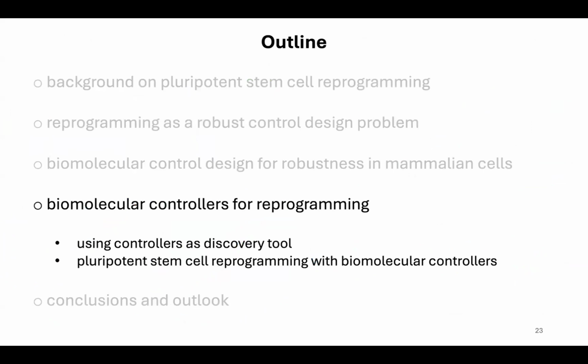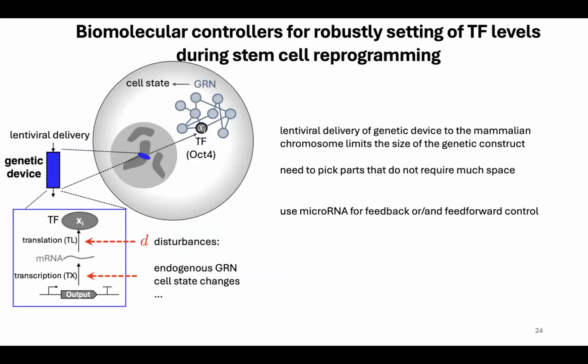Okay, so all of this takes us back to where we started, which is the problem of reprogramming. So going back to this picture, at this point we are in 2021, more or less. We have some tools that we have developed, and now we can revisit this picture.